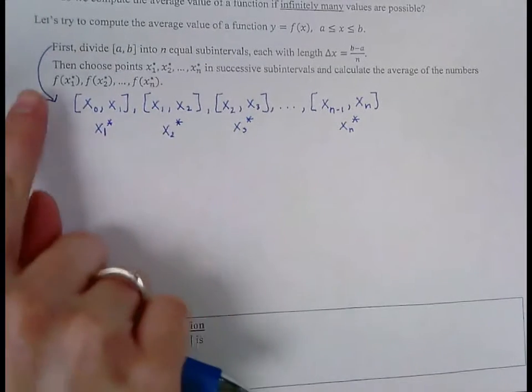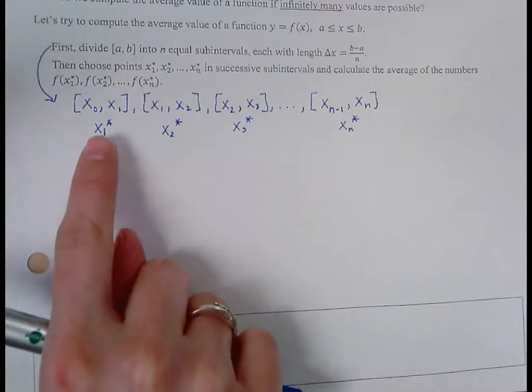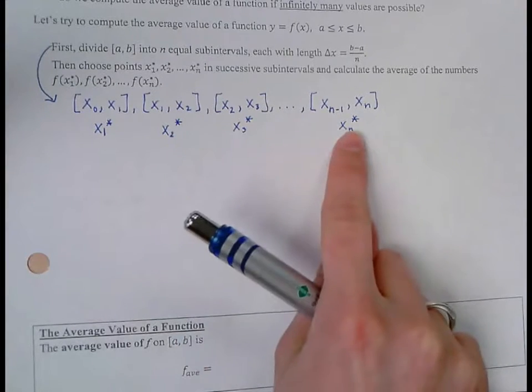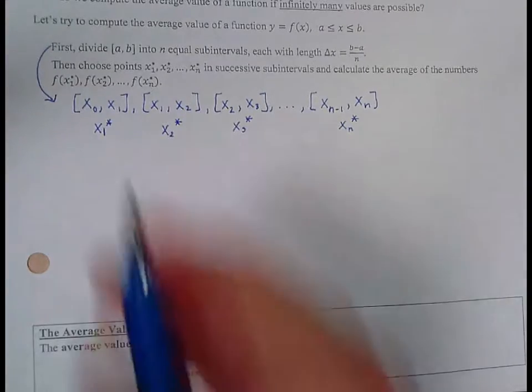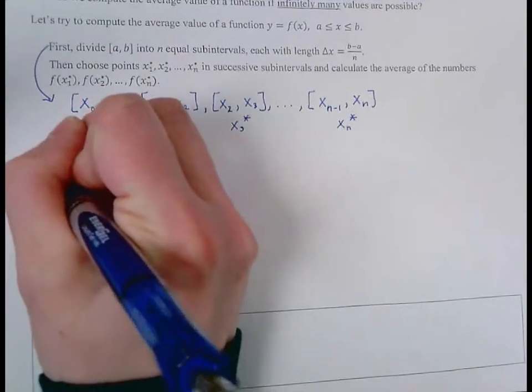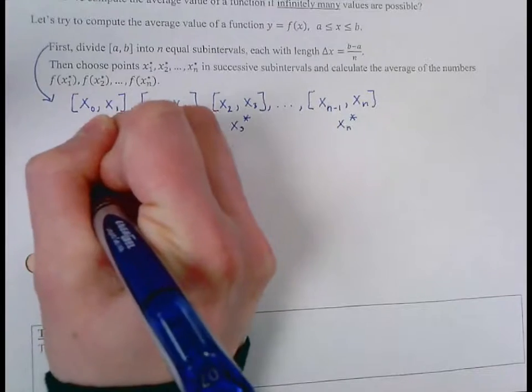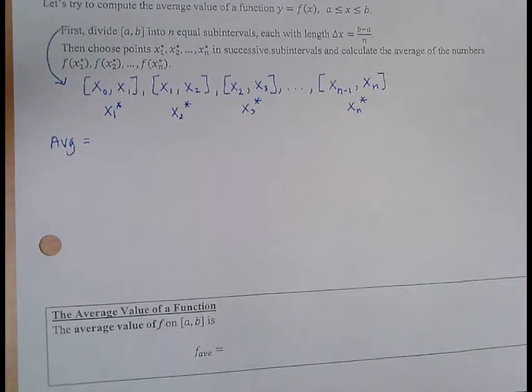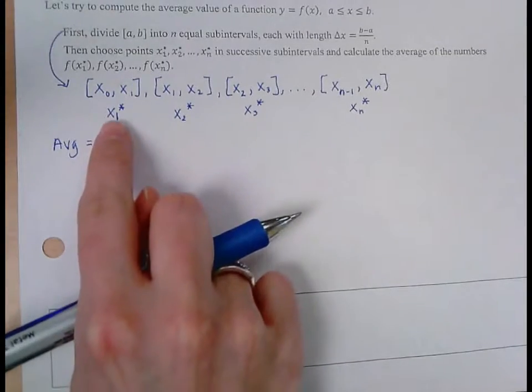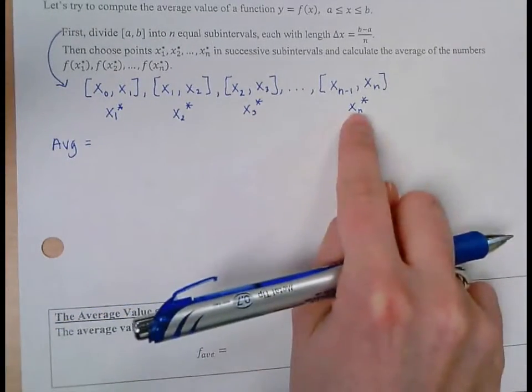Then we can take the function value at each of those sample points and find the average of those function values to get an approximation. I'll abbreviate average here as AVG. The average value of the function would be the function values of these sample points added together.